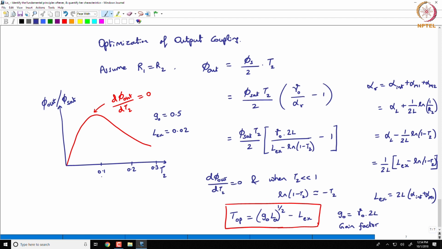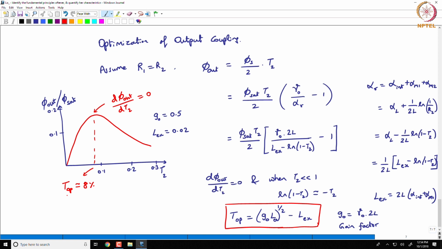That is 10%, 20%, 30% transmission, and this is 0.1, 0.2 is way up there and so on, right. So, we find that for these values the optimum transmission is roughly about 8%.